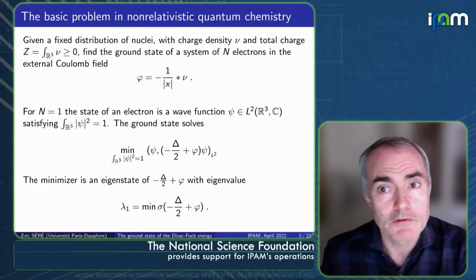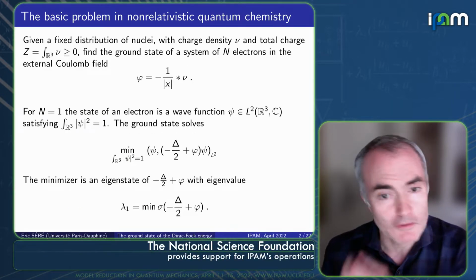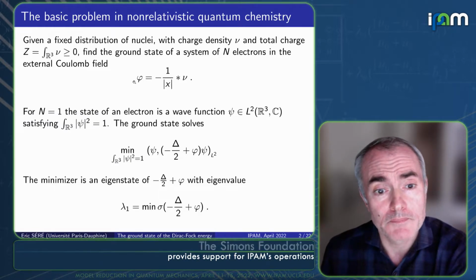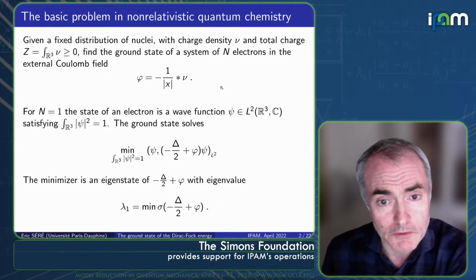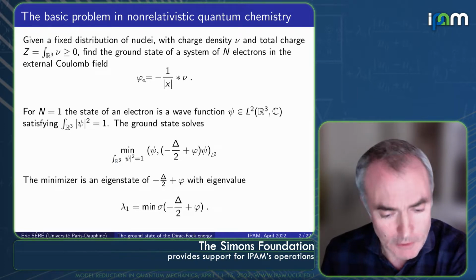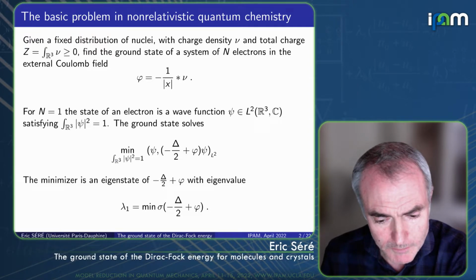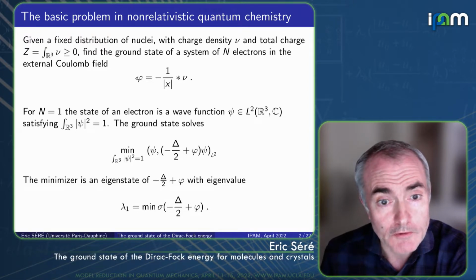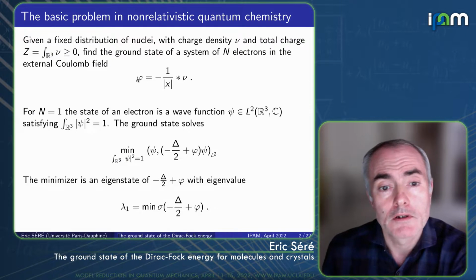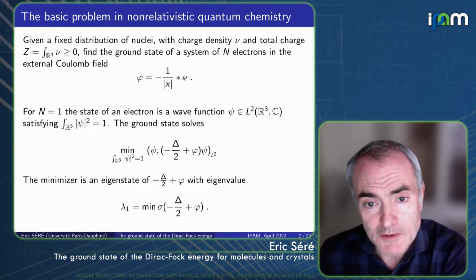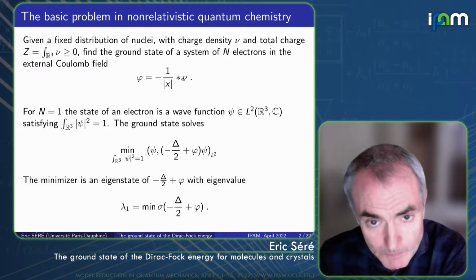Okay, so let me start with very basic remarks in the non-relativistic case. And also I'm going to introduce notations that I will use throughout the talk. So I call phi the Coulomb potential generated by a nuclear charge density nu.